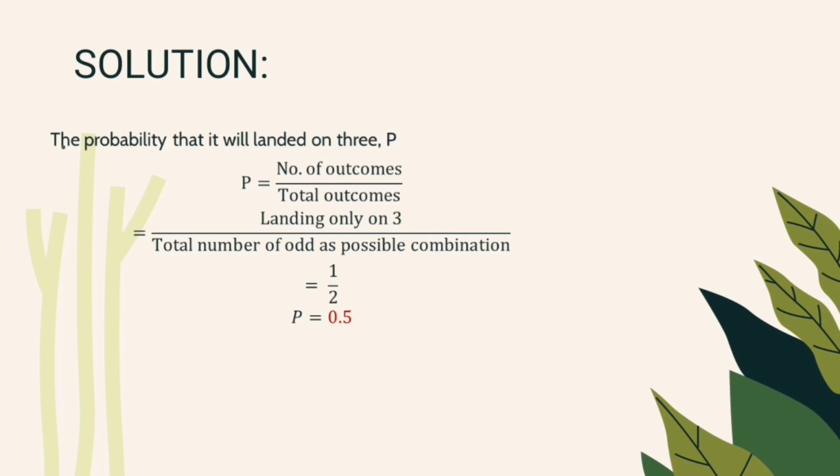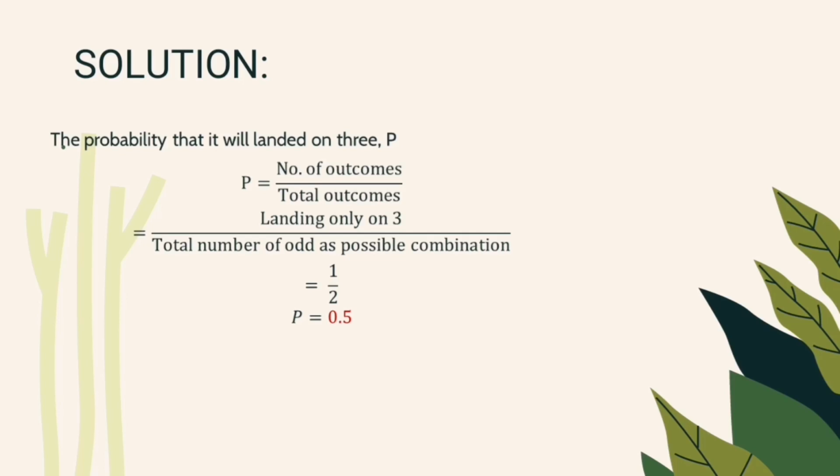The number of outcomes used is the landing on 3. Since the wheel is divided into 3 parts, which are 1, 2, and 3, and there is only one number that is 3, we put 1. For the total, we use the number of odd numbers as the possible combinations.